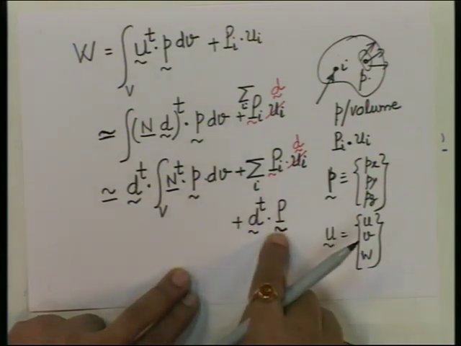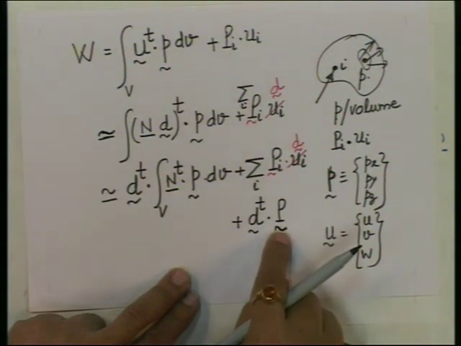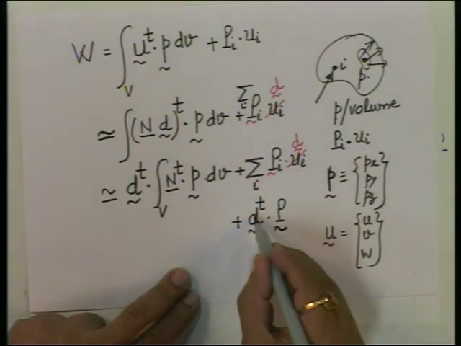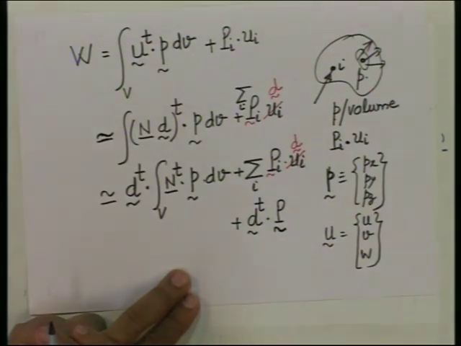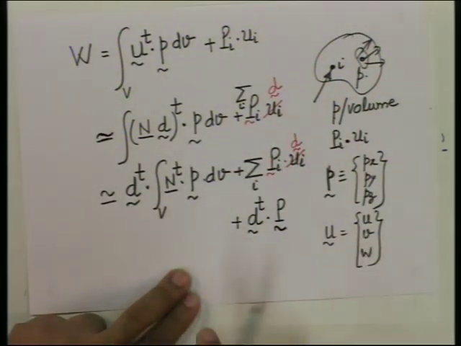This is the force acting at the nodes, so you combine them all. All this can be written as d transpose P.